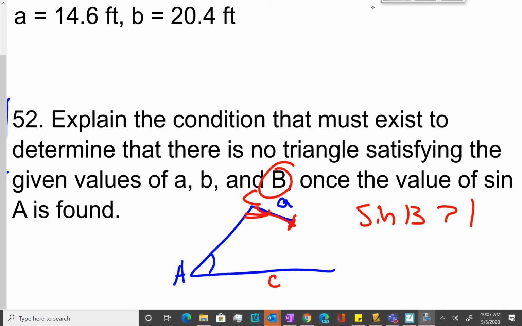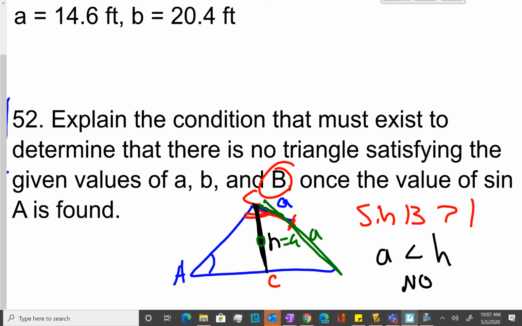But without using the law of sines, if I can find my height, and A is smaller than my height, then I'll have no triangle because A is not long enough to reach all the way to C. If H is the same length as A, then I'll have the two triangle scenario.